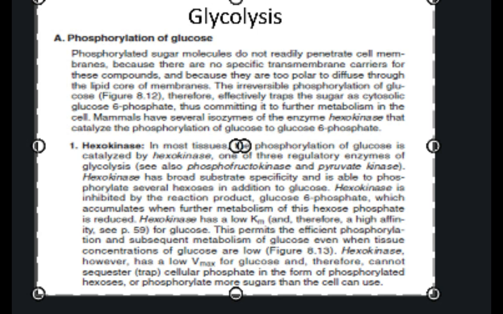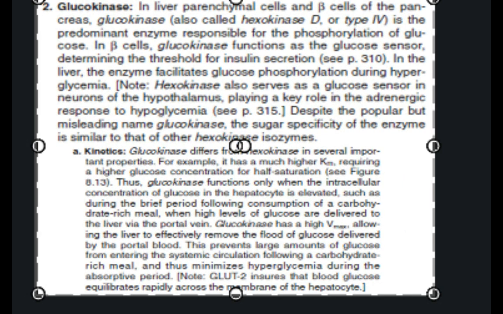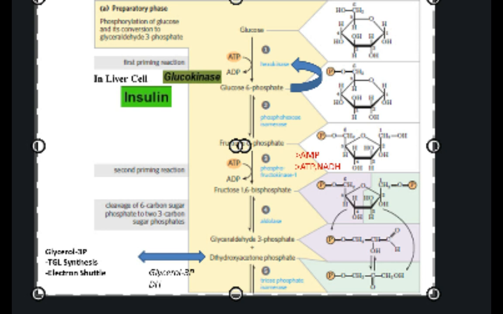So when glucose enters the cell, it is used by the cell to produce energy. So the first step is entry of glucose, and then the first reaction is phosphorylation of glucose, which is done by hexokinase.